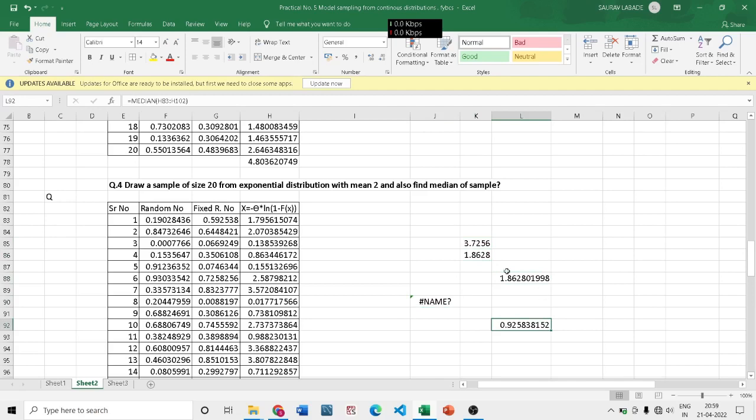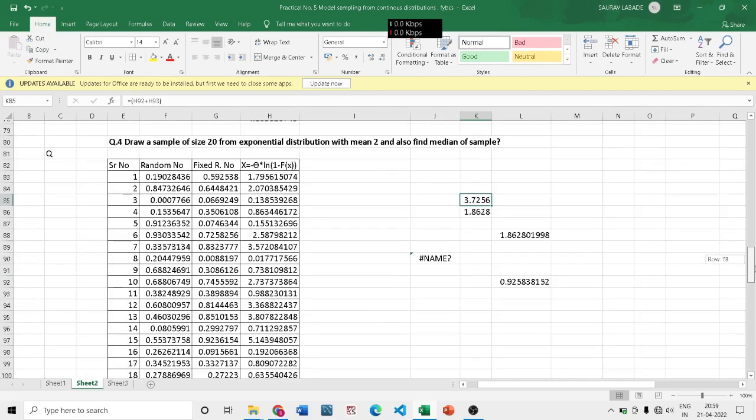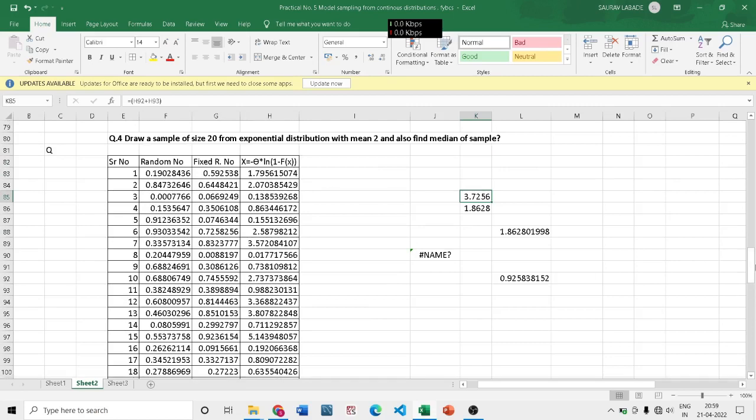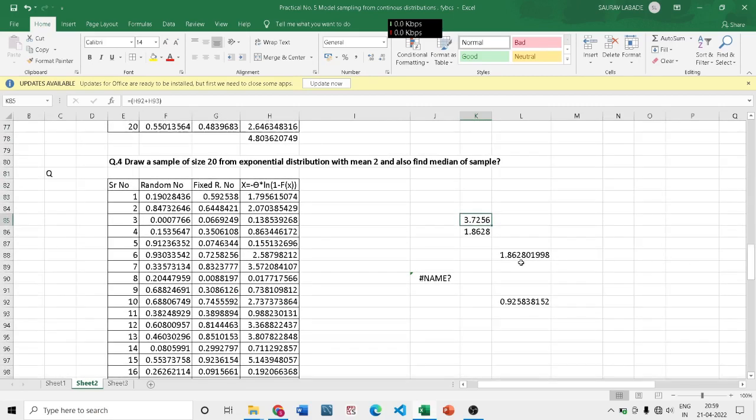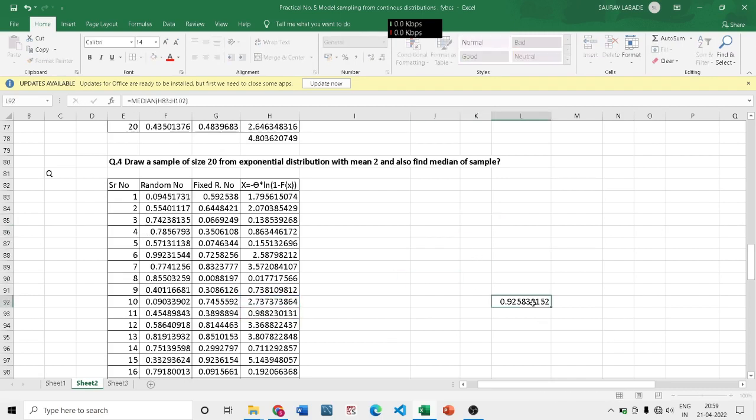Okay, how did I find this? Firstly, I will just clear everything so that you can understand this properly. So I will use the formula.